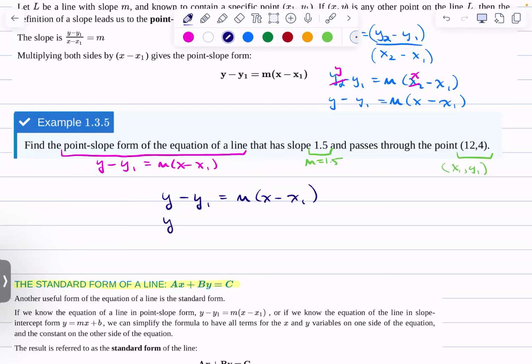So we have y minus 4 is 1.5 times x minus 12. And then we're done. That is the point slope form of the equation.